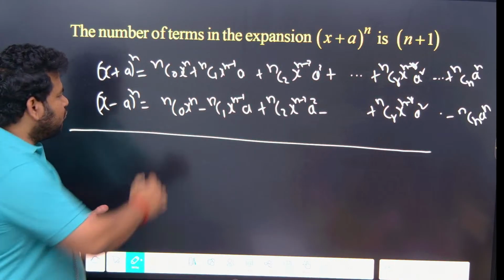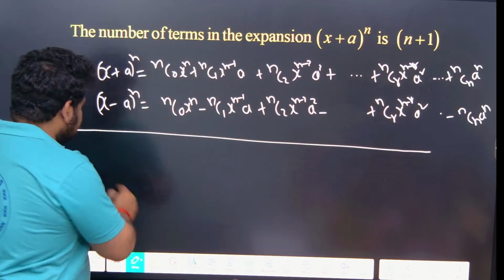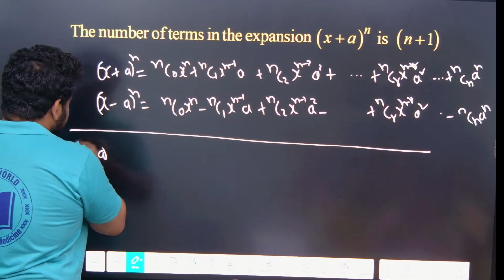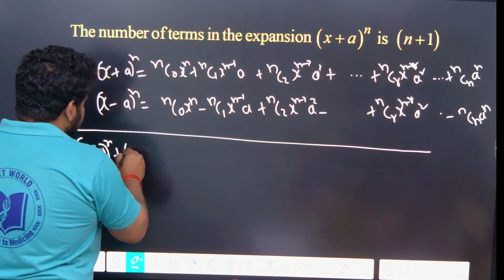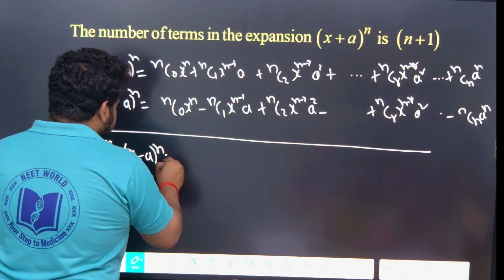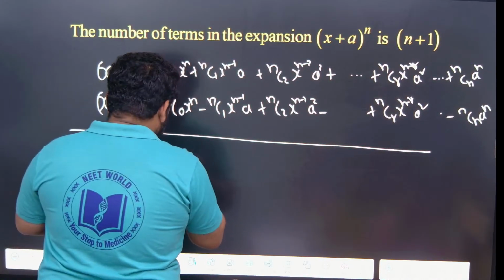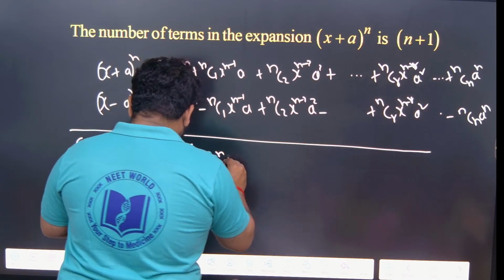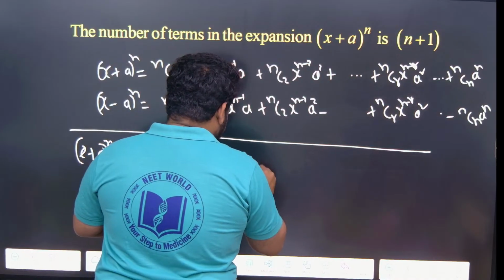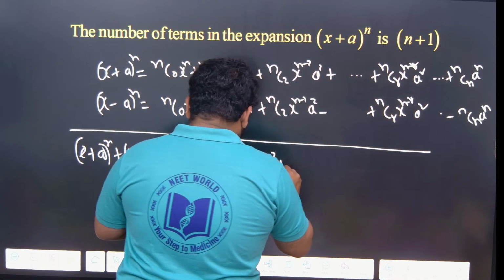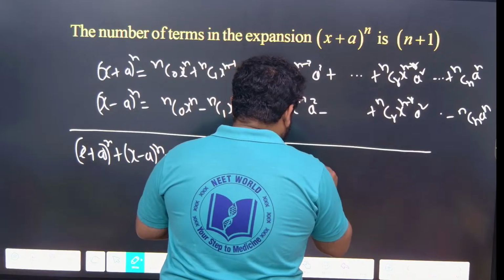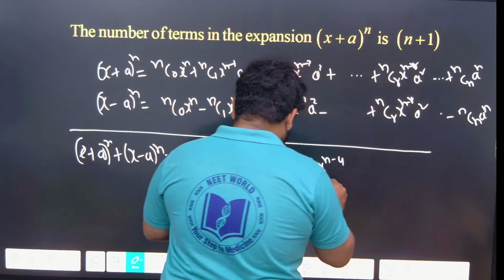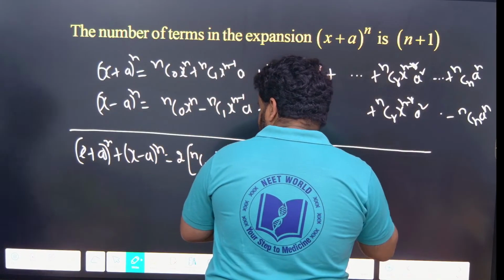If I subtract, whatever is plus here will get cancelled. So directly we can write (x + a) to the power of n plus (x - a) to the power of n as 2 times [nC0 x to the power of n plus nC2 x to the power of n minus 2 a squared plus nC4 x to the power of n minus 4 a to the power of 4], and it goes on.